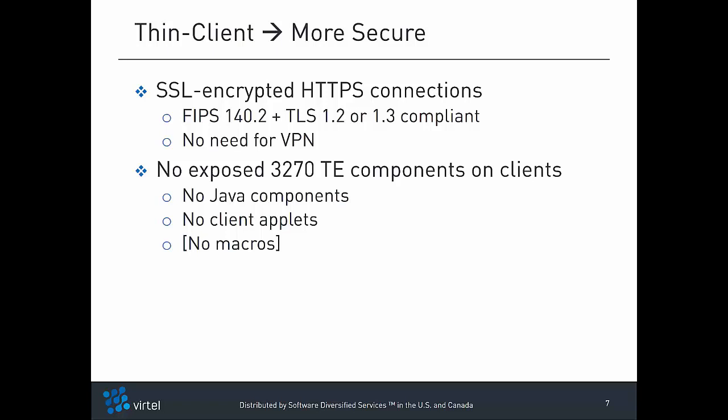You also don't have to worry about components installed on client devices getting compromised, because with a thin client architecture, there are no such components. In the case of our own thin client 3270 emulator, Virtel, even user-created macros can be stored centrally on the host instead of on the client devices where they could be compromised or misused.